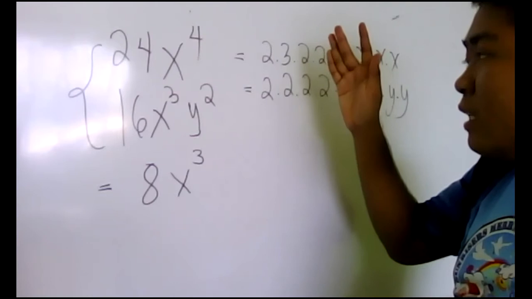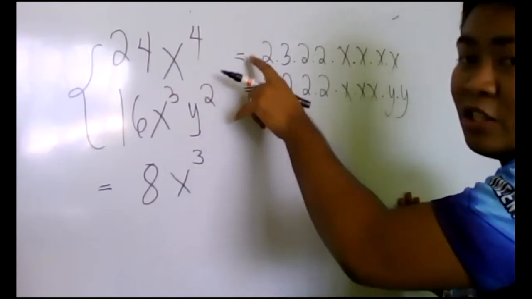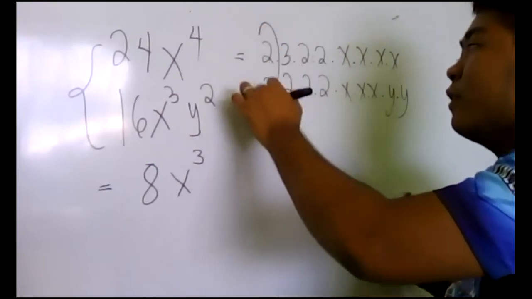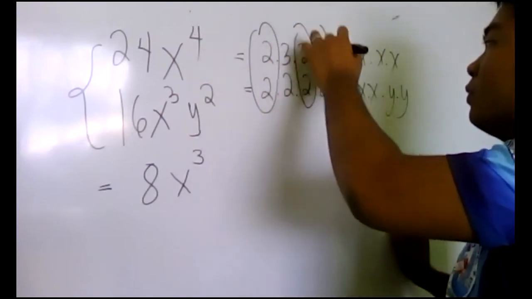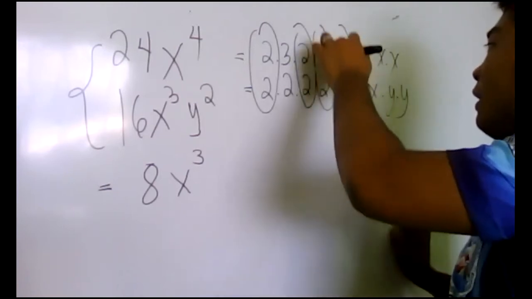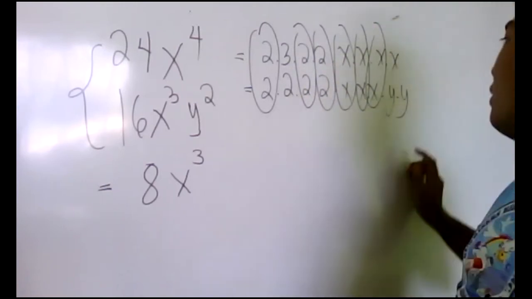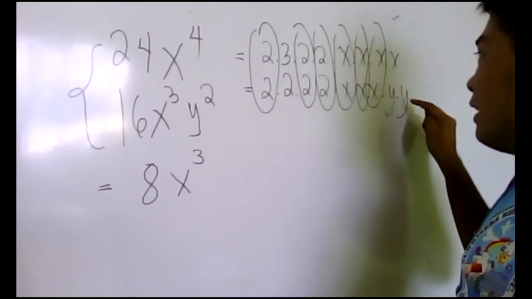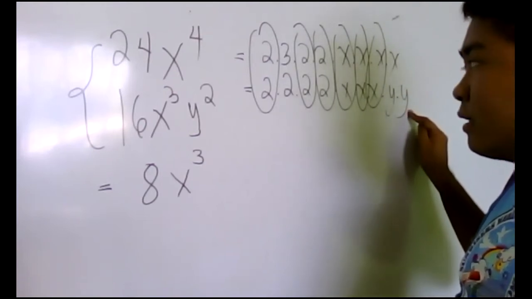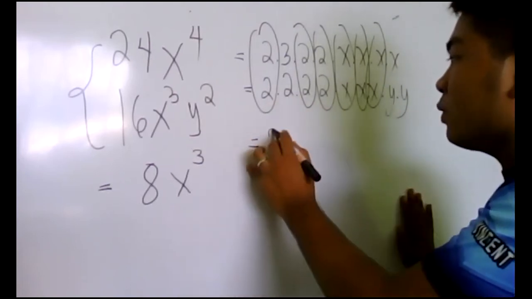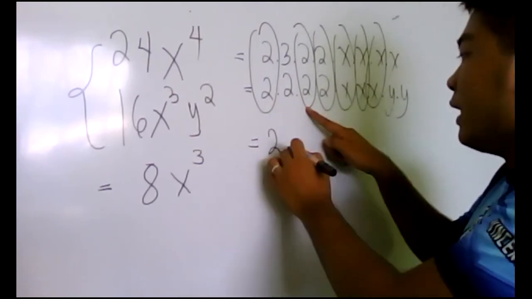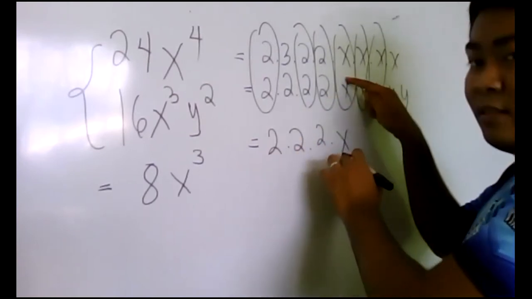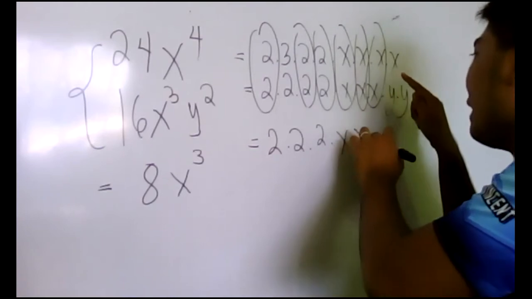So get all the factors that are the same with each of the following algebraic expressions. Therefore, we have 2, 2, 2, x, x, x. So, wala nang kasama si x dito. Therefore, hindi na siya isasama. Therefore, the common factors are 2 times 2 times 2 times x times x times x.